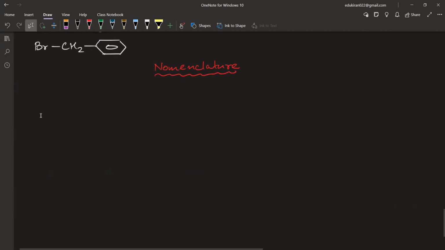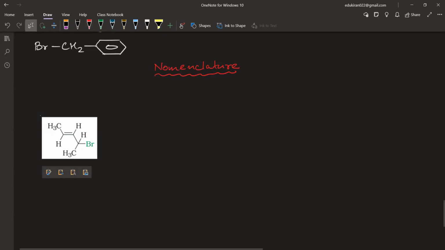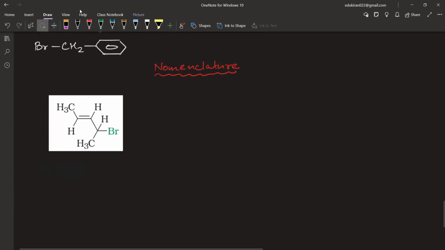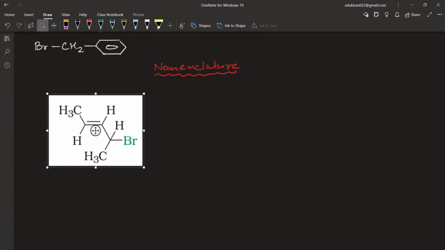Now, we have this molecule. It is given in NCERT as one of the examples. I will also give you the name for this. I will show you what name NCERT has written, and then we will observe the name.